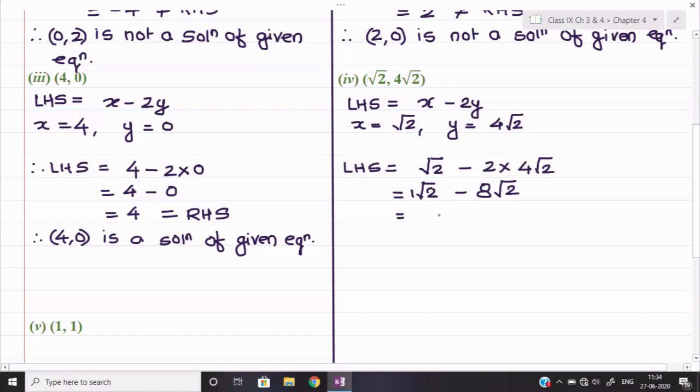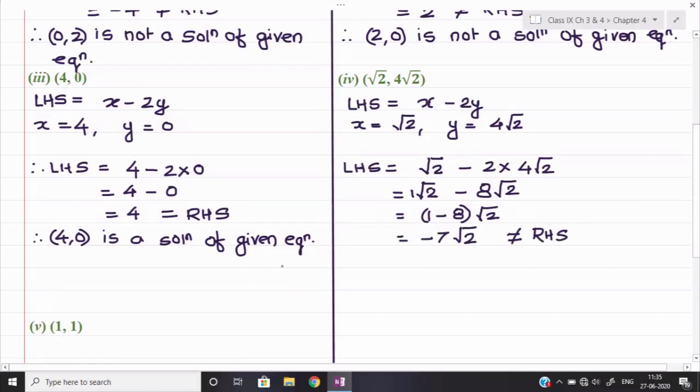So when I add the coefficients, I will write 1 minus 8 in the bracket and take root 2 common. What is the value of 1 minus 8? Definitely that will be minus 7. So it becomes minus 7 root 2, and hence it is not equal to the RHS, because the RHS is required to be proved as 4.